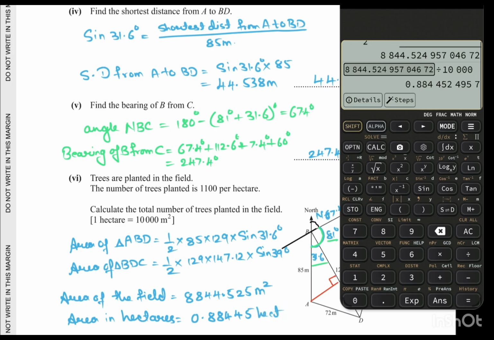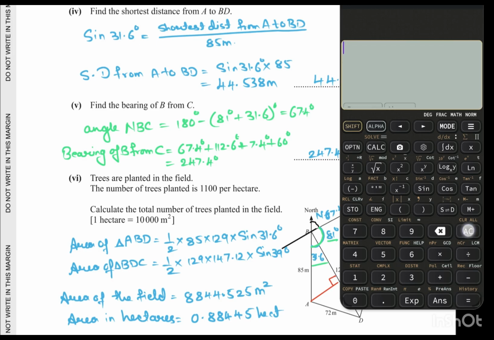Now in 1 hectare there are 1100 trees planted. So in these many hectares, how many trees are planted? So the answer you got here, multiply this with 1100. Oh, it has gone wrong. I divided by 10,000 two times, I think. Okay, let me cancel it. So now we got the answer in hectares, 0.88445. Then multiply this with 1100. We get 972.895.